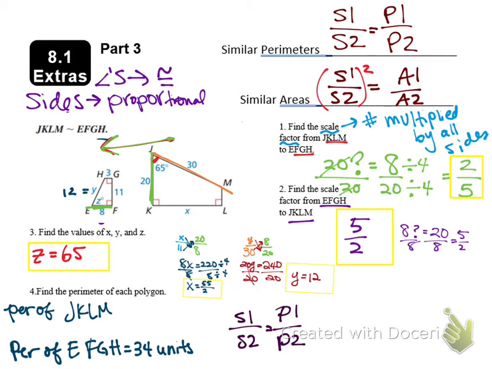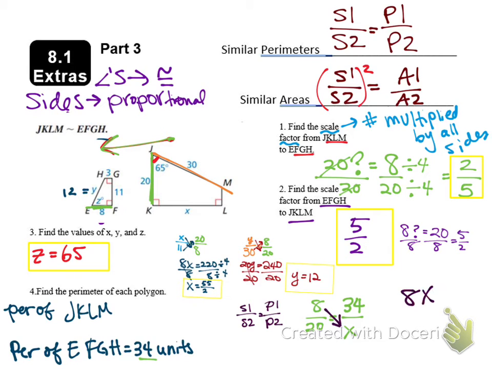So do we want to do 8 or 20 on the top? Sounds good. 8 over 20 equals, so 8 came from the first quadrilateral. Do we know the perimeter of the first quadrilateral? Yes, we do. So it's 34. Do we know the perimeter of the second? No, so we're going to put x.